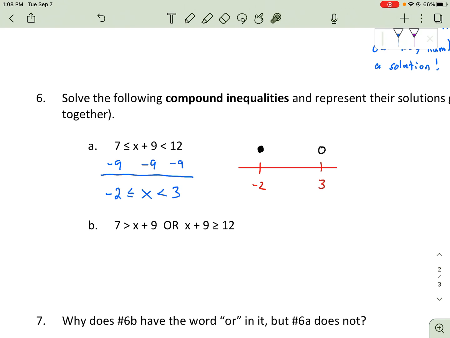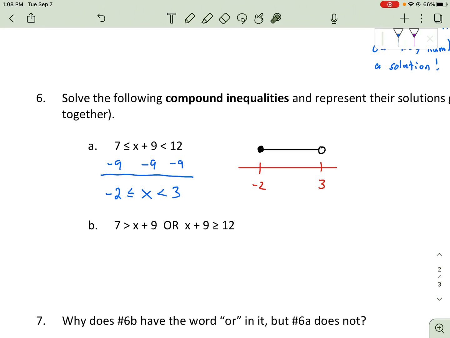If you read this one at a time, x has to be less than 3, so that's going to go this way. But at the same time, x is greater than -2, which has to go this way. They go towards each other, and those are the solutions. All these numbers between -2 and 3 make this thing true. Pick the number 1, for example: 1 is less than 3, and it's greater than -2 at the same time.